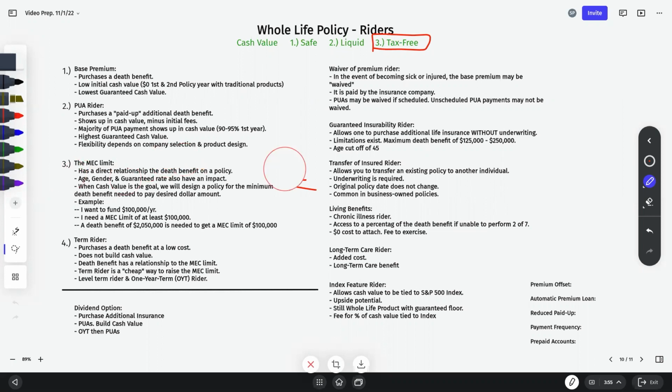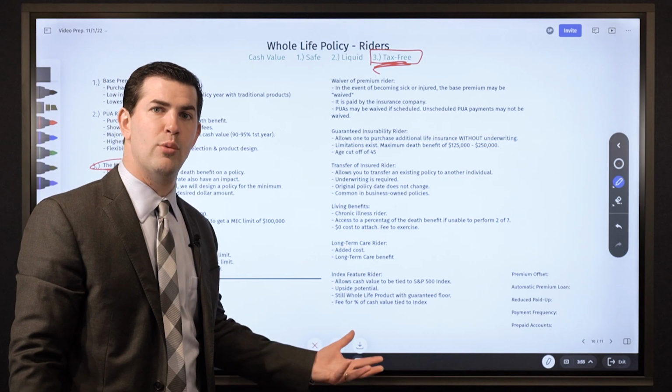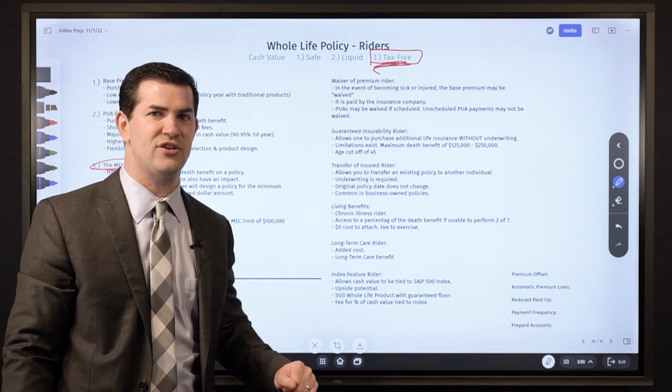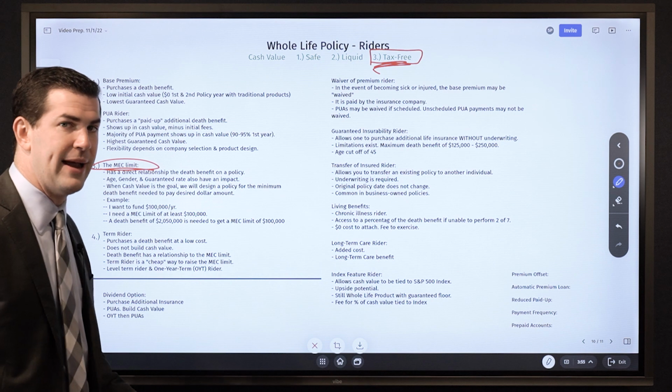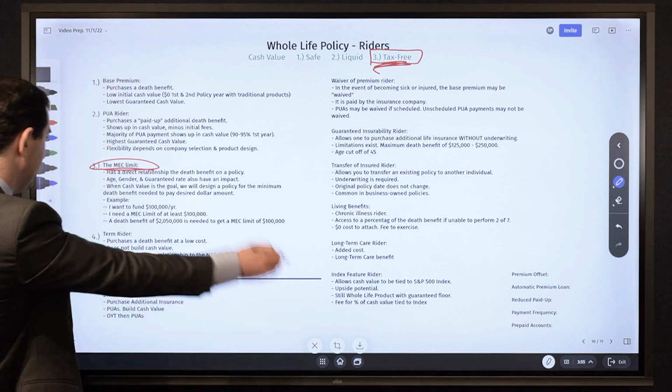So how we prevent it is every policy has what is referred to as a MEC limit, which is exactly what it sounds like, by the way. It's a limit that determines the maximum dollar amount you can add into a policy each year and still have the IRS view your policy as life insurance and reap those tax-free benefits. Not this MEC, where now you have to deal with taxation on the cash value if you want to access it. The death benefit, by the way, with a MEC is still paid out income tax-free.